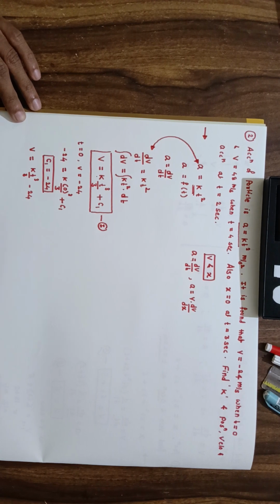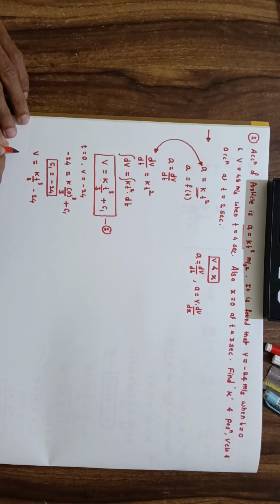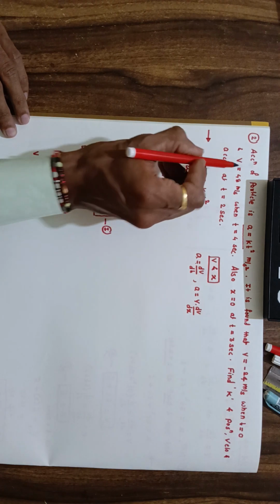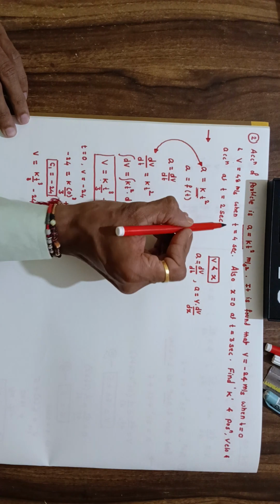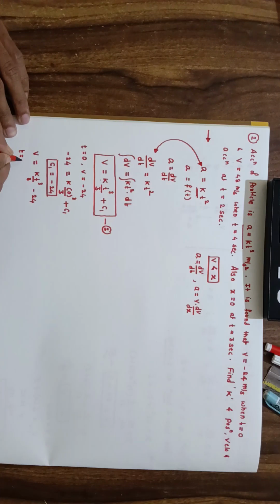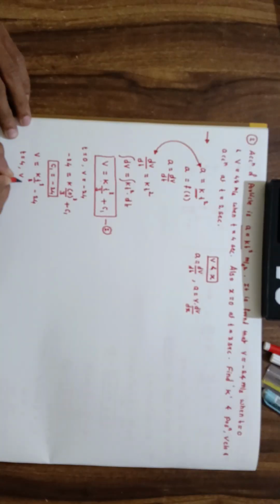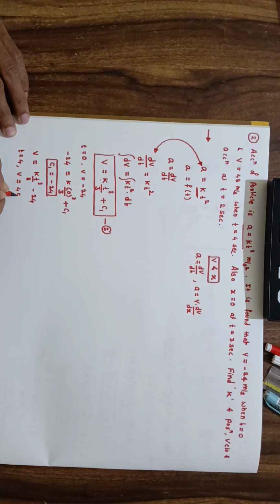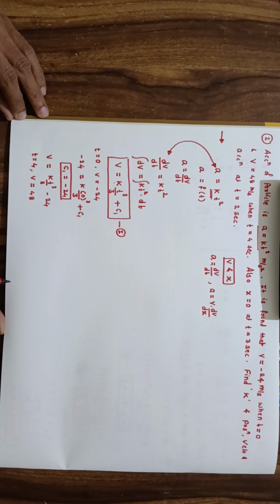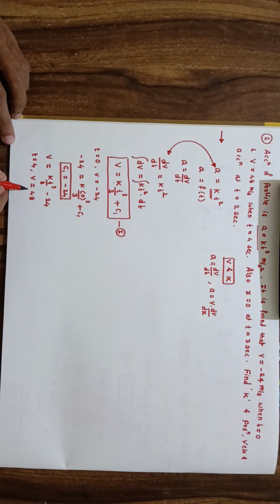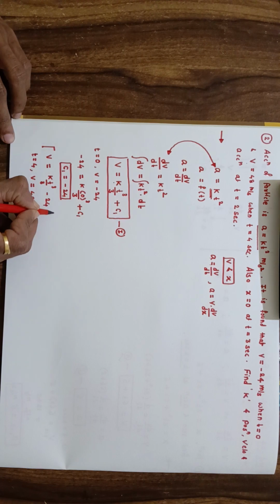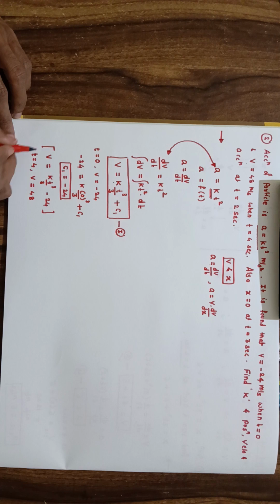Okay, now use the second condition. So the second condition is, refer this, velocity is 48 when time t equal to 4 second. So write t equal to 4, v equal to 48. Okay, so put this value in this equation. So put t equal to 4 and v equal to 48.